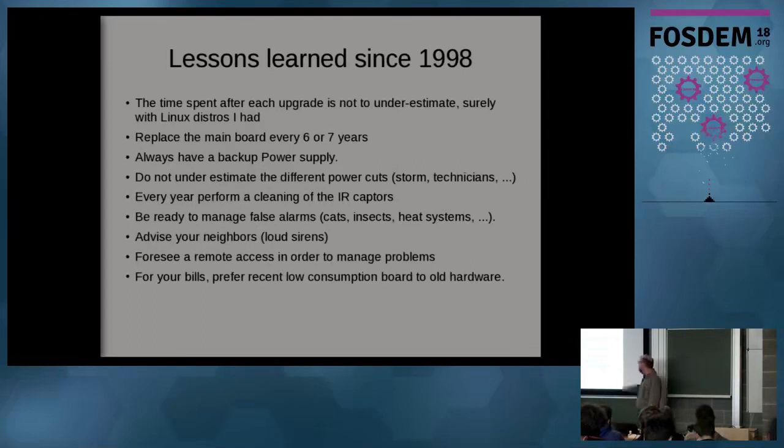In the beginning, my neighbors were quite annoyed by the sirens which started in the middle of the night, and always when I was on holidays, so quite difficult. This is why you should not forget to have the possibility to manage your system remotely.